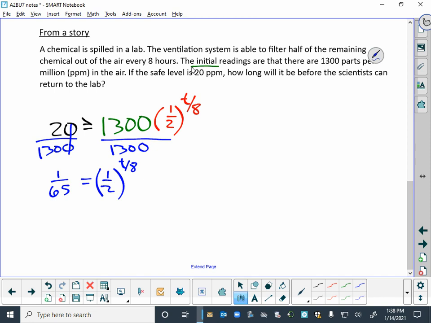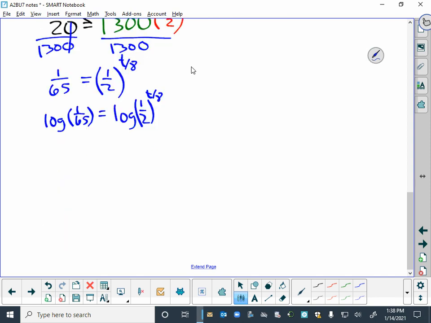And now I've got to get this t down someplace where I can work with it, and the logarithm is the tool to do that. So I'll take the log of 1/65 is equal to the log of 1/2 to the t over 8 power, which of course is going to give me, well, log, I'll leave it as this and put the numbers into my calculator at the end.